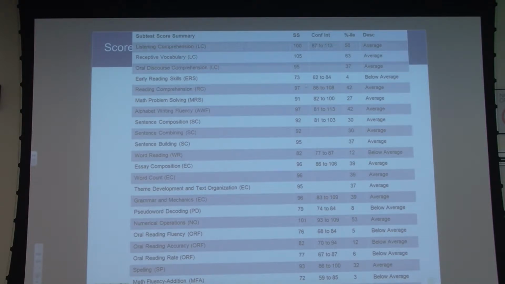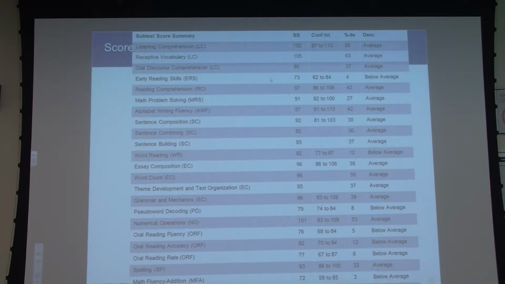Early reading skills. What I'd like to point out to the family is that remember her reasoning skills, because I want them to keep in mind that my kid is fine on her ability to reason, but it's these other things. Remember her reasoning skills were average, but let's look at this. Her early reading skills, she was only at the 4th percentile.